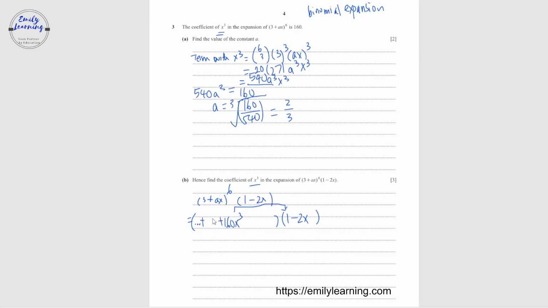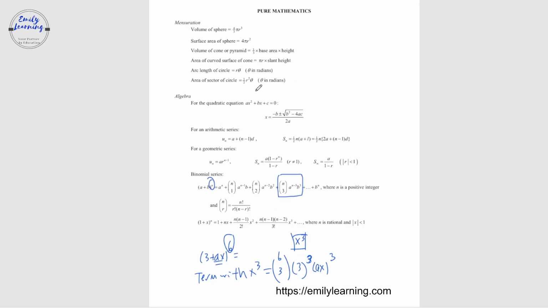I want a term with x squared, right? Based on this formula booklet, if I want a term with x squared, it'll be n, or 6, 6 choose 2, and this one. So let me first write this term with x squared.